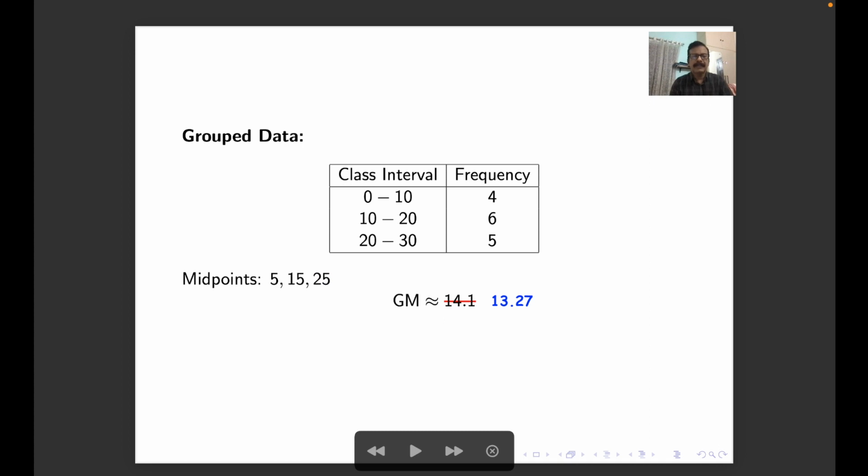Now, geometric mean can be obtained as 5 raised to 4 into 15 raised to 6 into 25 raised to 5, the whole raised to 1 by 15. 1 by 15 means 4 plus 6 plus 5, that is 15.